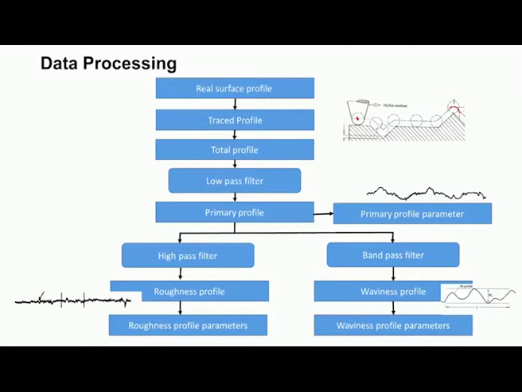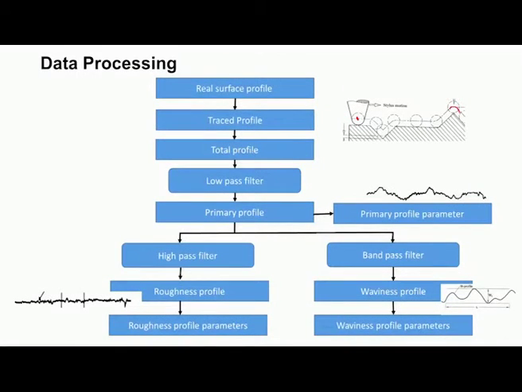This consists of the various elements like form, waviness, roughness, etc. That means the total profile, which is a combination of form error, waviness and roughness, we get, and then appropriate filters, low pass filters and high pass filters, different filters such as the Gaussian filter, are used to get the required profile.